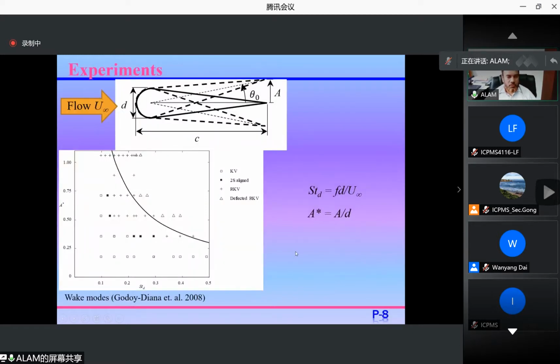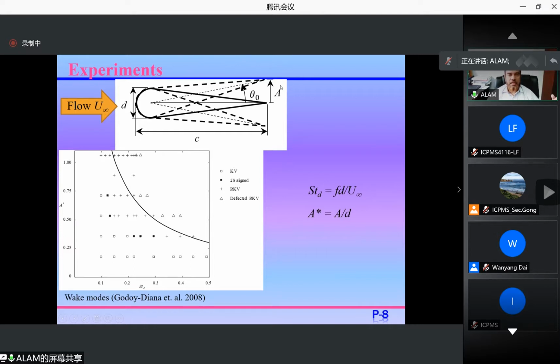So Godin made experiments changing the St_D and A-star. St_D is what we call the Strouhal number, which is a function of the frequency of oscillation, and D is the thickness of the foil, and U infinity is the flow velocity, or the swimming velocity.